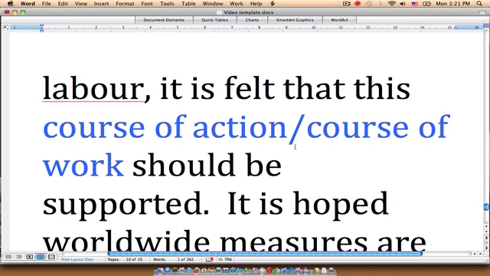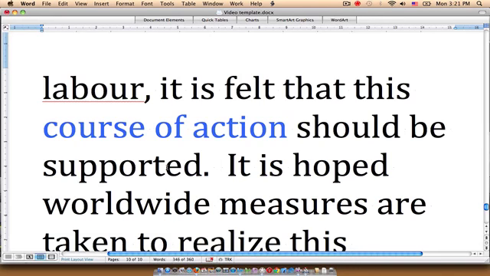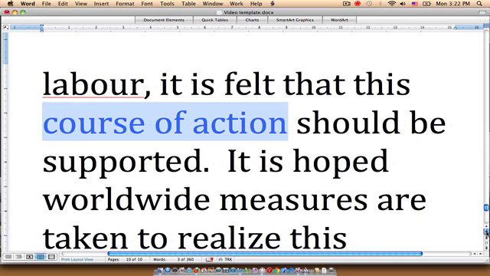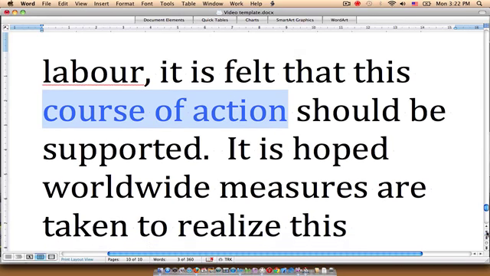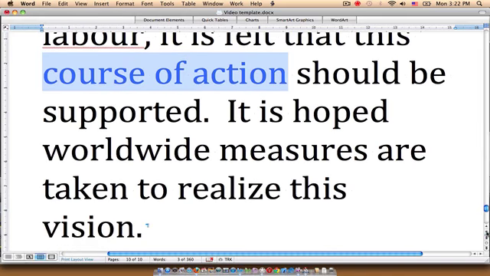In English, very seldom do people say a course of work. Typically, the phrase is a course of action. The phrase course of action, if this is new to you, just means a plan for something. So if you want to use this in your essays in the future, you can use it to replace the word plan in many instances. It is hoped worldwide measures are taken to realize this vision.